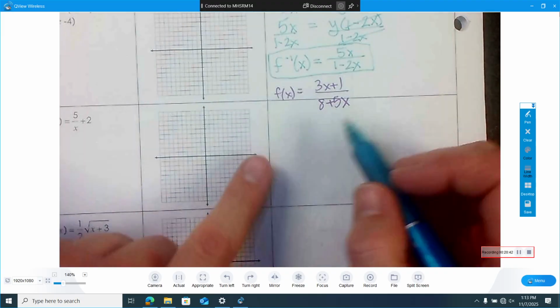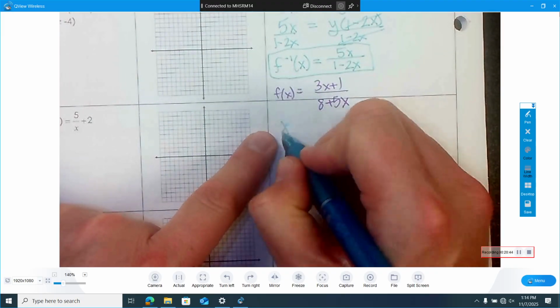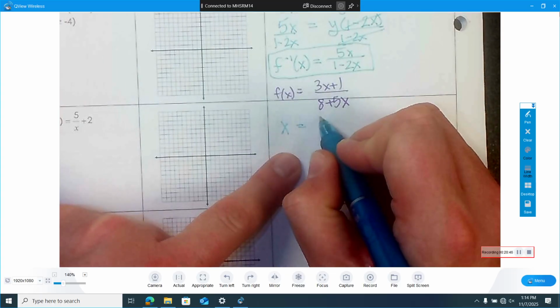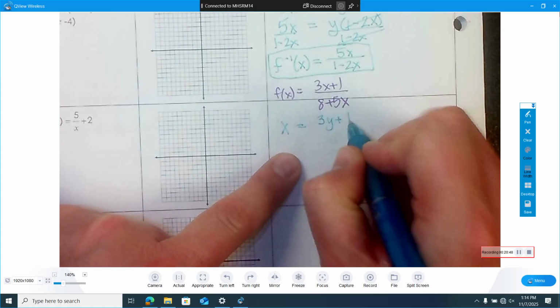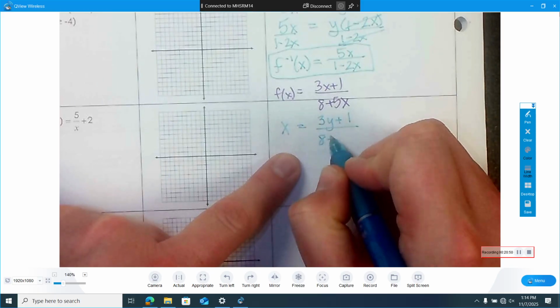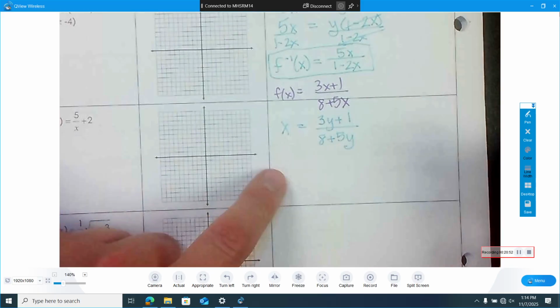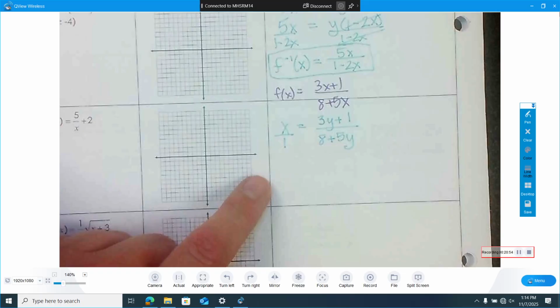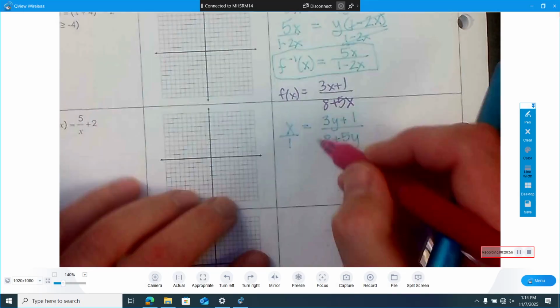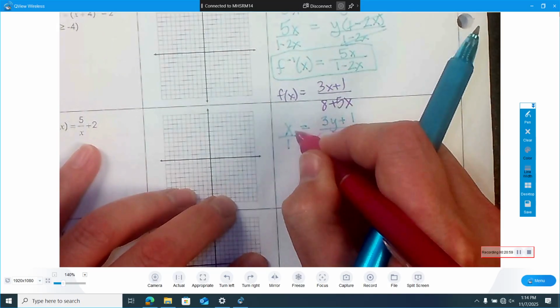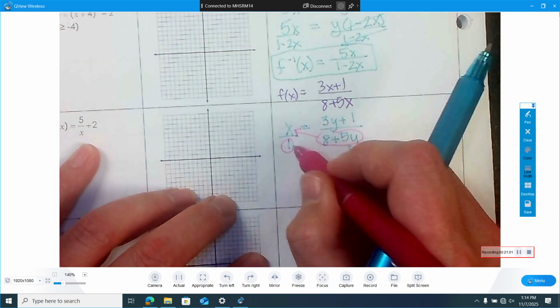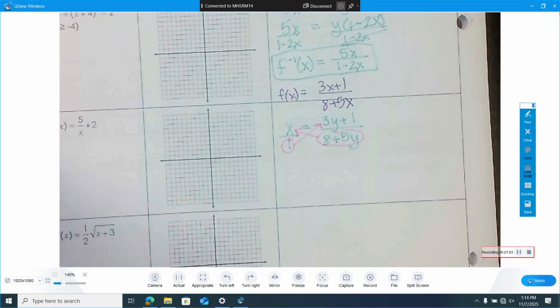Swap and solve. So we're going to swap our y, becomes an x, and that x has become y. So x equals 3y plus 1 over 8 plus 5y. X over 1, and then we're going to cross multiply. Very good. So my denominator gets multiplied to the x, and the 1 gets multiplied to the numerator.